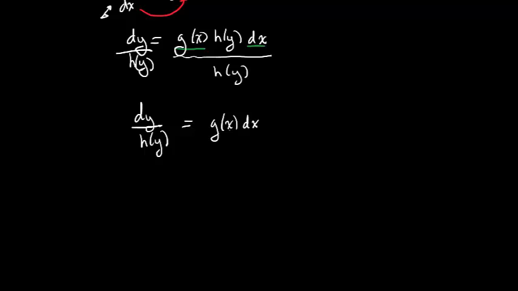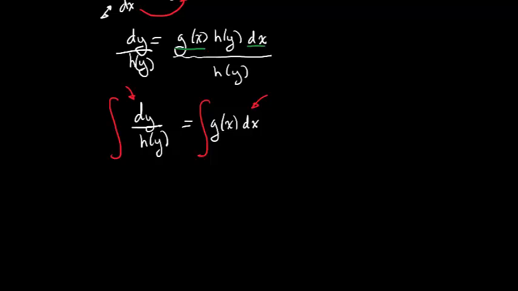And the neat part about having these derivative portions in here is that if I want to get rid of them, all I have to do is integrate on both sides. That makes this very beautiful, because this allows me to solve my differential equation.